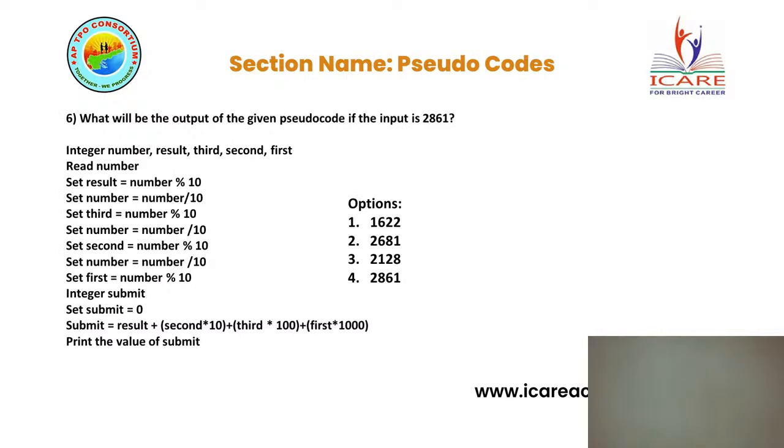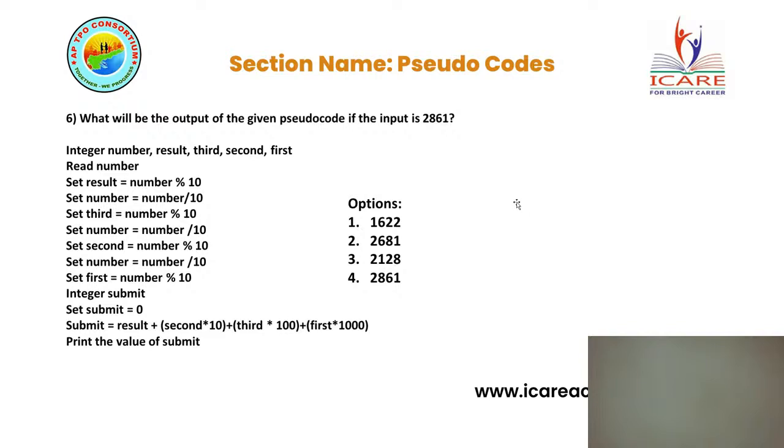So going to the next question. What will be the output of the given pseudocode if the input is 2861? They have mentioned what will be the output, and there are some arithmetic operations and print statements. There are some values.